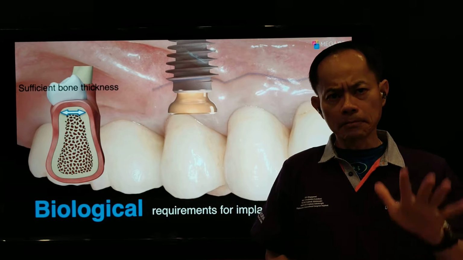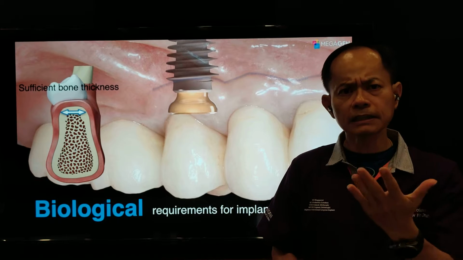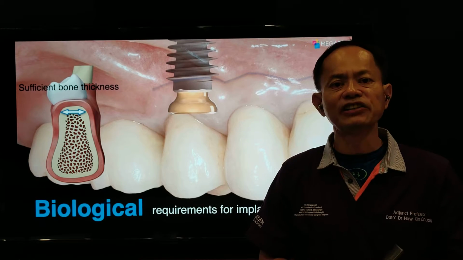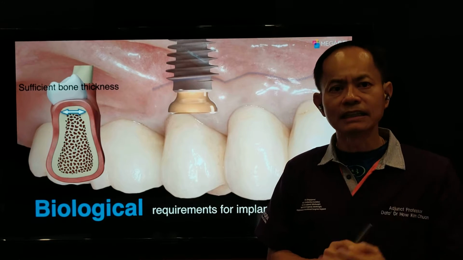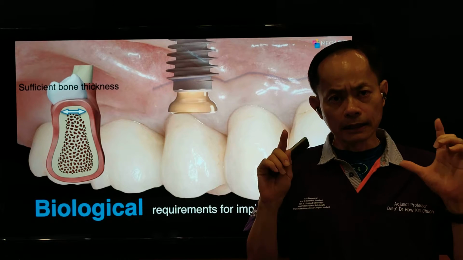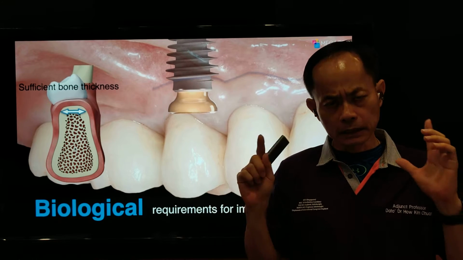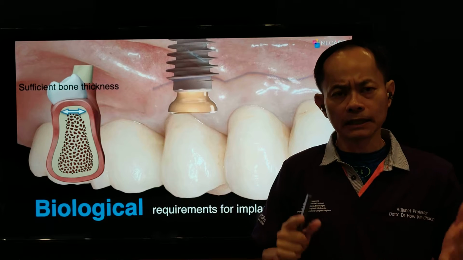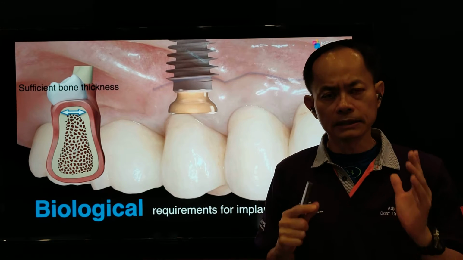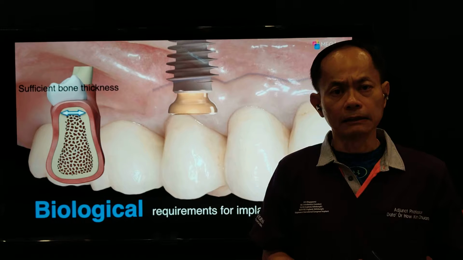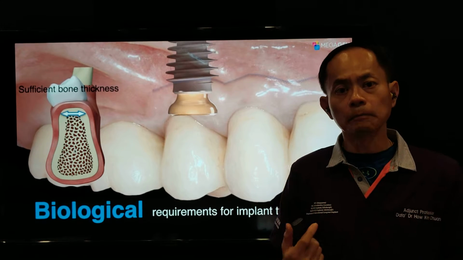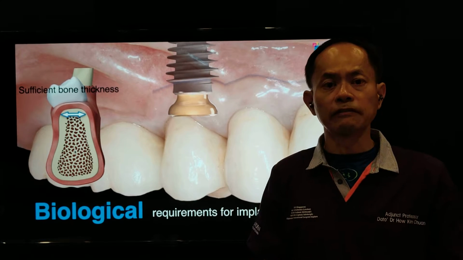By 3 things. First, our clinical evaluation, second, 2D X-ray, and the third is 3D cone beam CT scan, which is also known as computerized tomography.